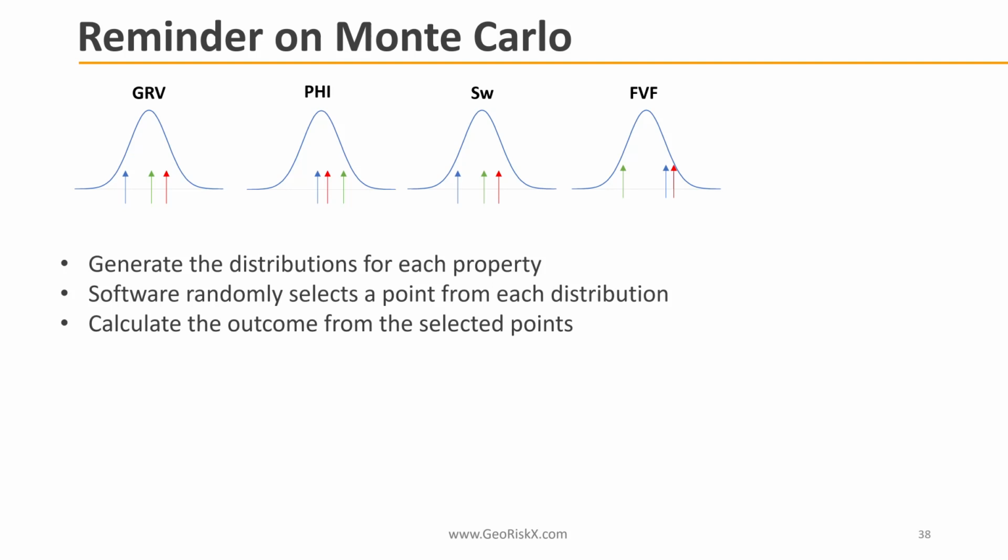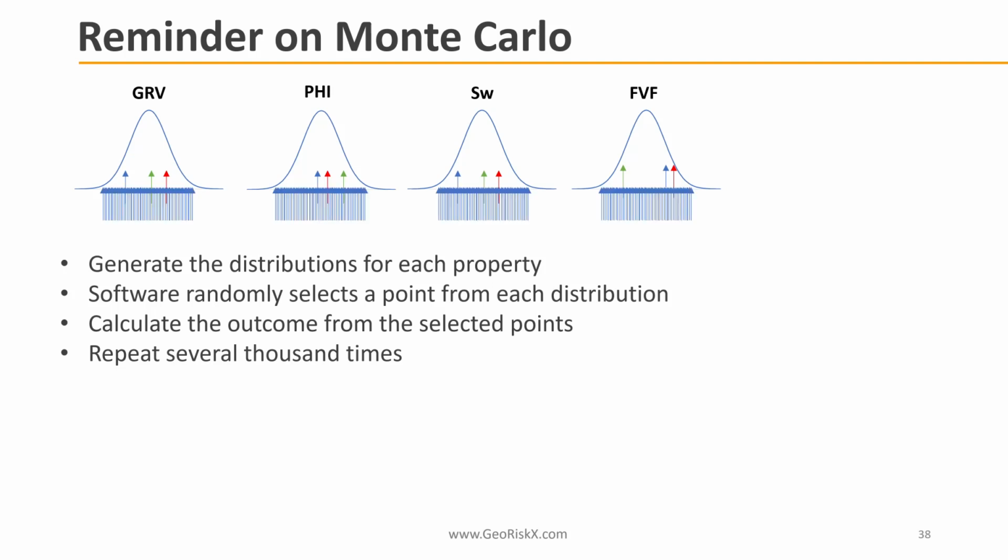selected trials. And we're going to repeat this thousands of times. So we are going to repeat this exercise of drawing a point from our distribution thousands and thousands of times, often 10 or 20,000 times.